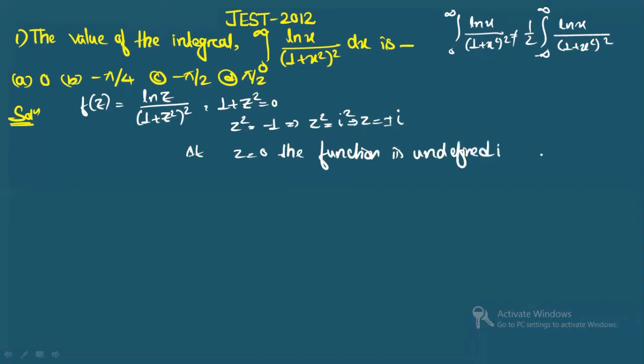Okay, that is, at z equals 0, the function is not analytic. All right. So here you're having two poles from here and one more pole from here, that is z equals 0, plus i, minus i.